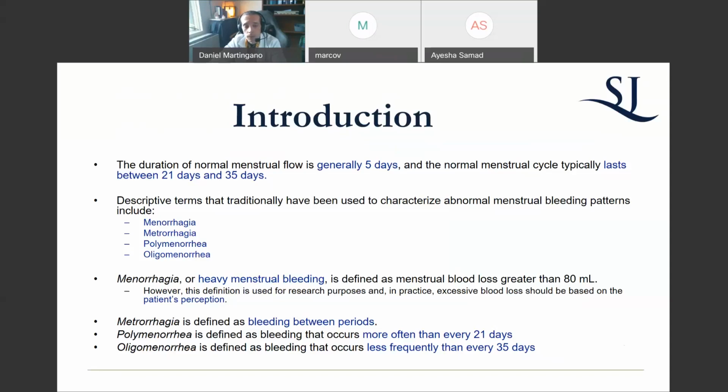So the menstrual cycle is generally 5 days in length, and it lasts between 21 days and 35 days in terms of its entire cycle, but the actual bleeding happens for 5 days.